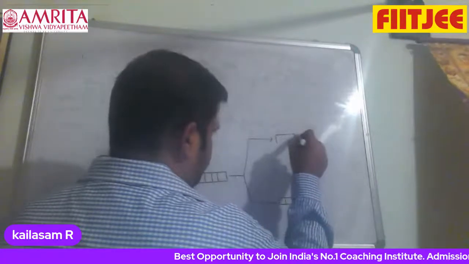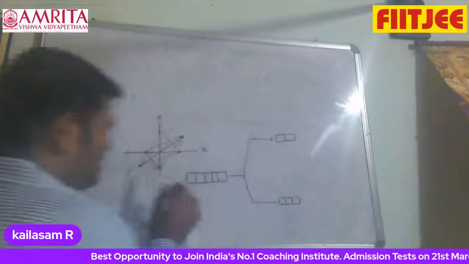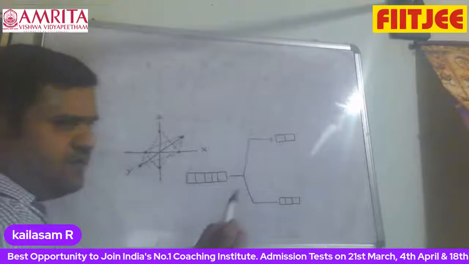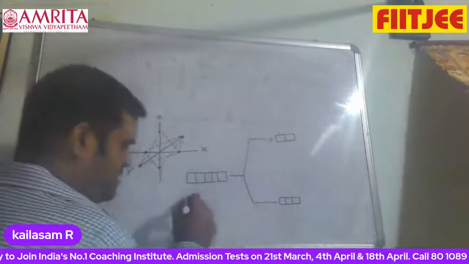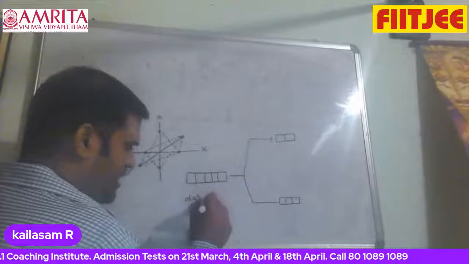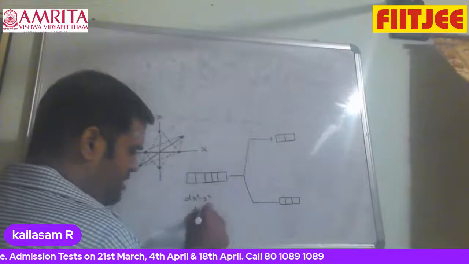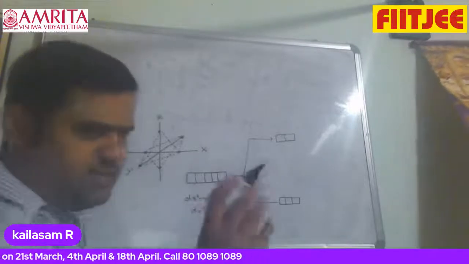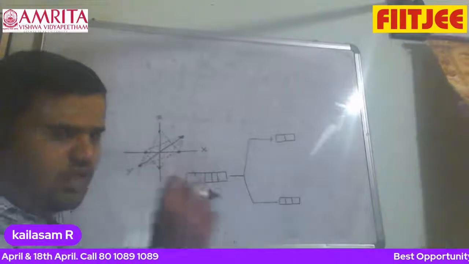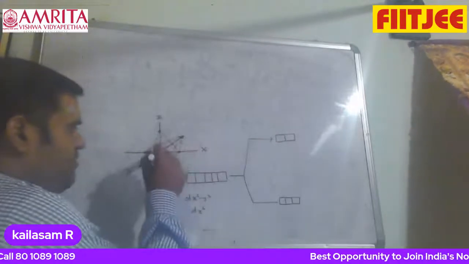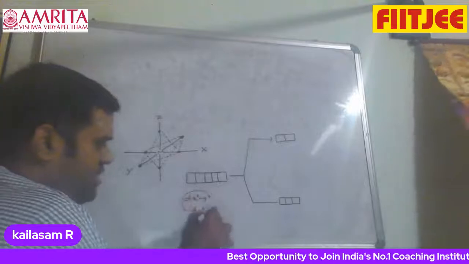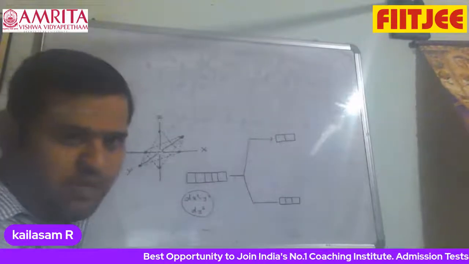Why? Look, the ligands are approaching along the axis. Along the axis we have dx2-y2 and dz2. So only these two are present along the axis. So if an electron is present in the single atom of metal, obviously these two orbitals are repelled more as compared to these three orbitals.